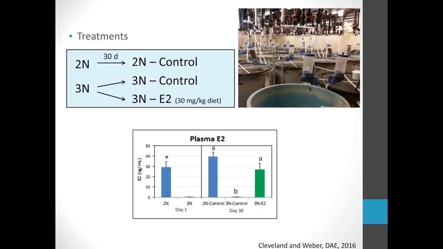So we were actually quite pleased when we measured the levels of estradiol in the treatment groups and found, this is shown on the bottom graph, on the right side of the graph are estradiol plasma concentrations after 30 days of these treatments. And what we saw was that the maturing diploids in the blue bar and the estradiol-fed triploids in the green bar had levels of estradiol that were physiologically comparable.